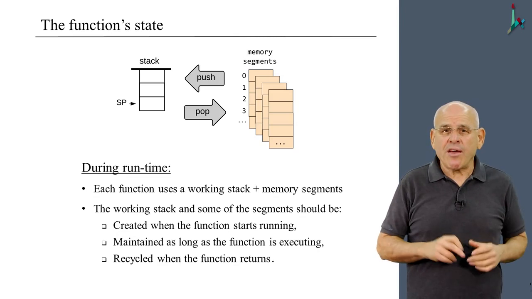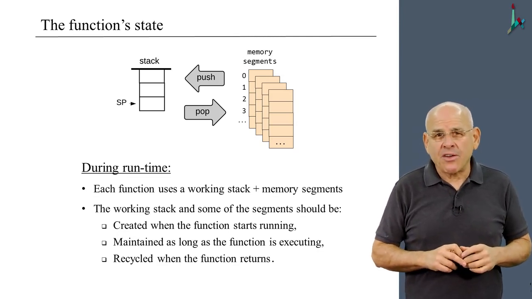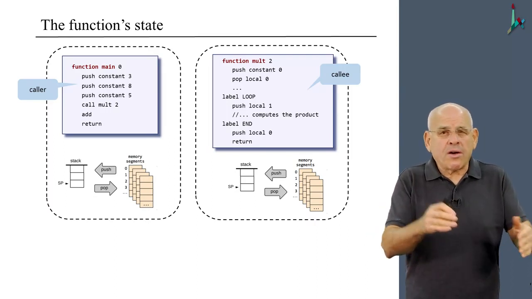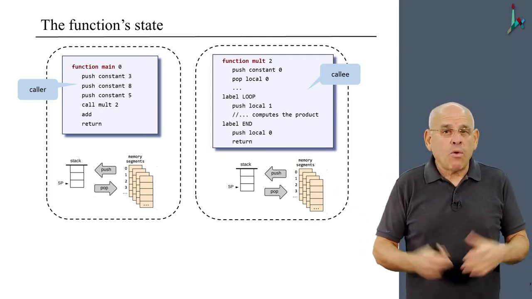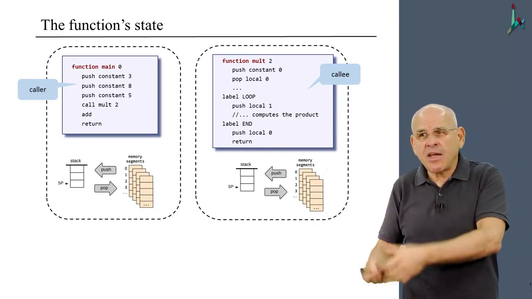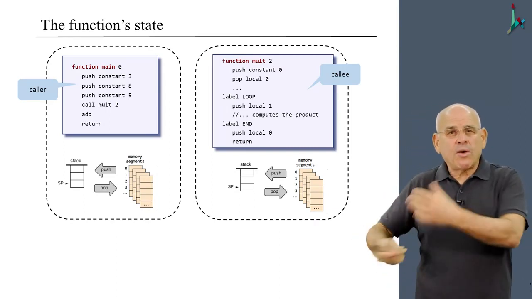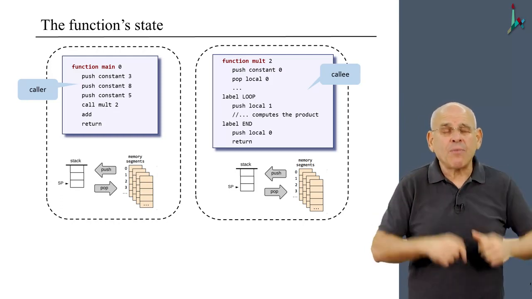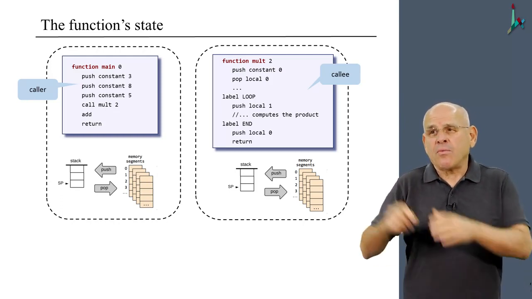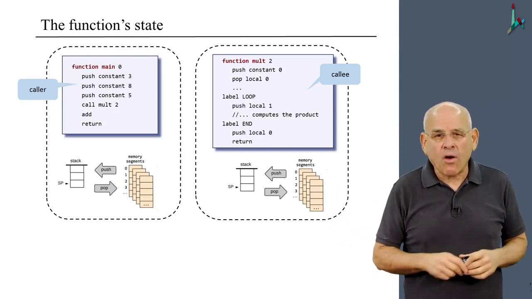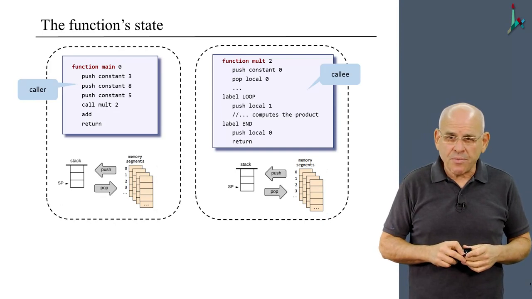So that's what we have to do with the function's state. So in general, when a caller calls a callee, we will have now 2 states, right? We'll have the state of the caller, we'll have the state of the callee. Once the callee starts running, the state of the caller has to be saved somewhere. And when the callee terminates, we can reinstate the caller's state and continue its execution.